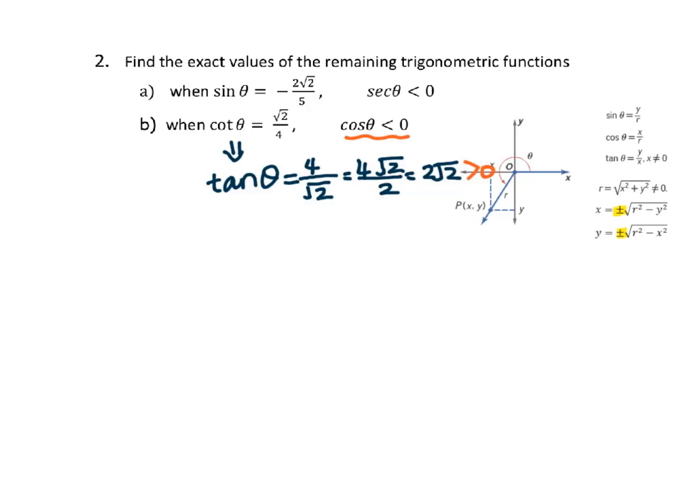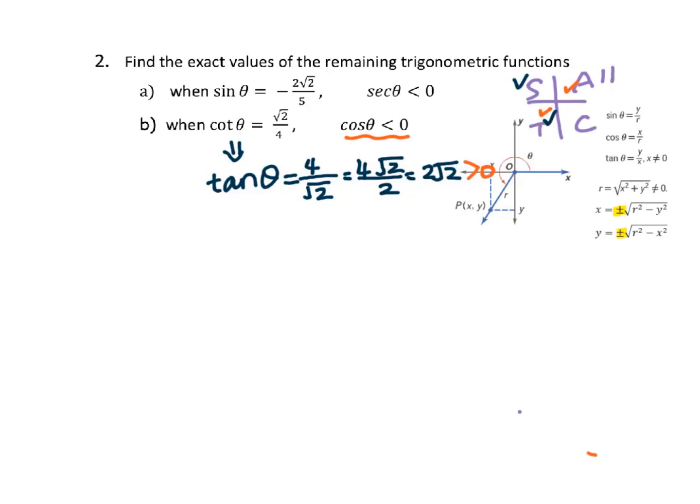Cosine is negative. Let's go to All Students Take Calculus. Since tangent is positive, we get quadrants 1 and 3. Cosine is negative, so we go to quadrants 2 and 3.